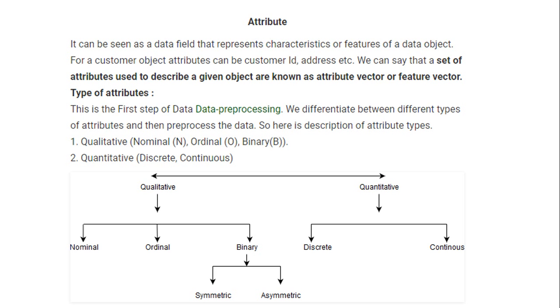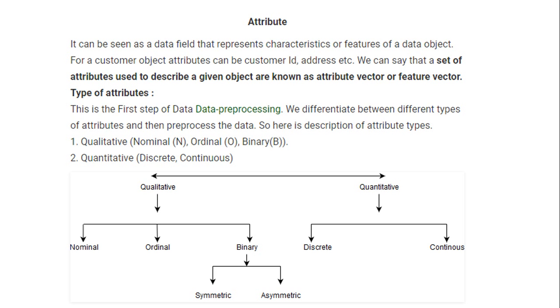Small, medium, and large. So the values have a meaningful sequence which corresponds to the increasing drink size. However, we cannot tell from the value how much bigger, say, a medium is than large.